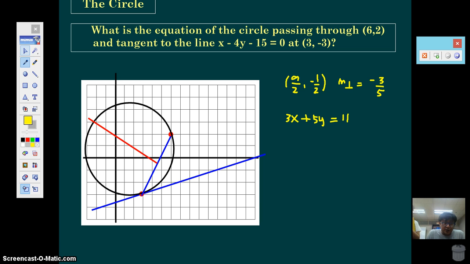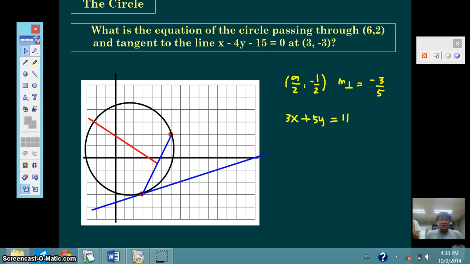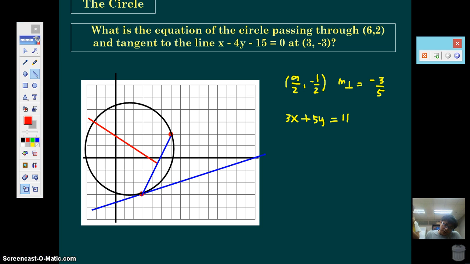Now let's use the other clue in the problem. It says the circle is tangent to this line at the given point. So if you have a point of tangency and the line, again the perpendicular to this will contain the center.